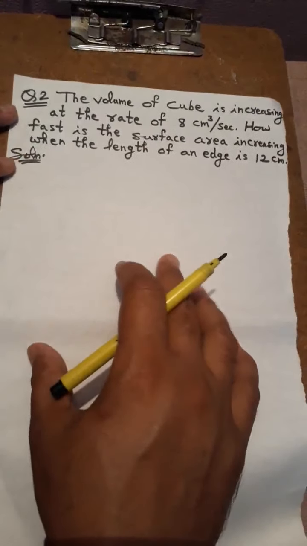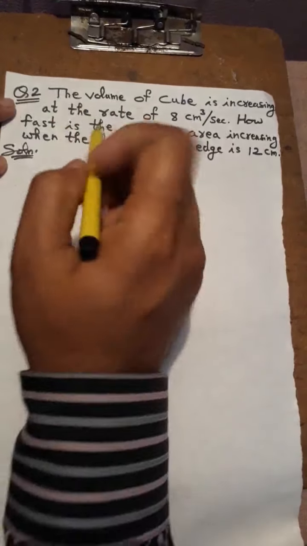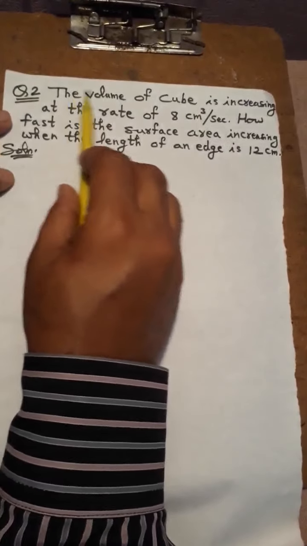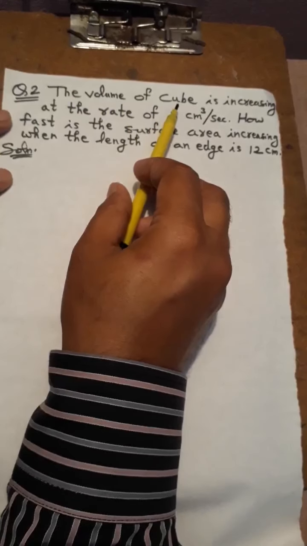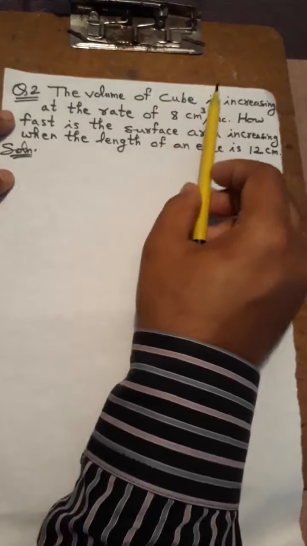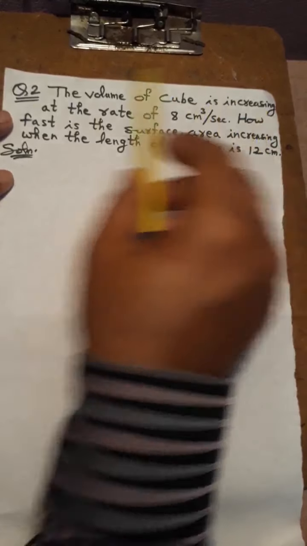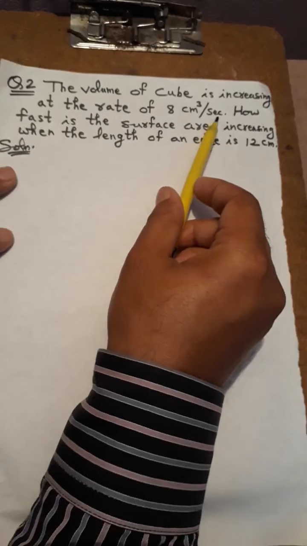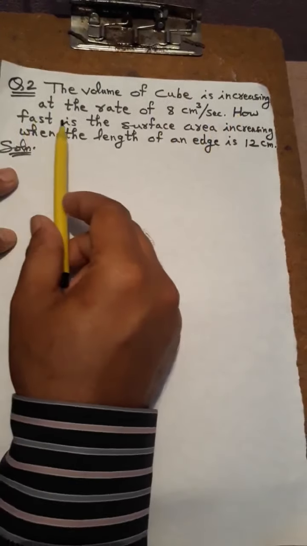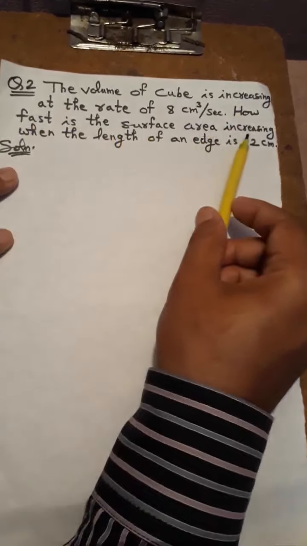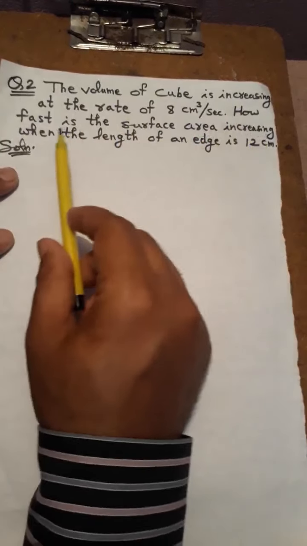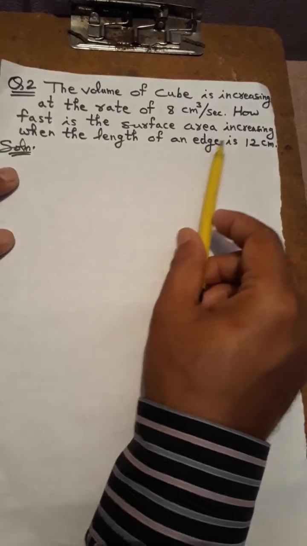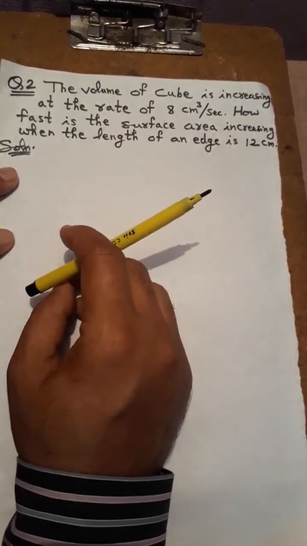Now let us do another question, question number 2. The volume of a cube is increasing at the rate of 8 centimeter cube per second. How fast is the surface area increasing when the length of an edge is 12 centimeter?